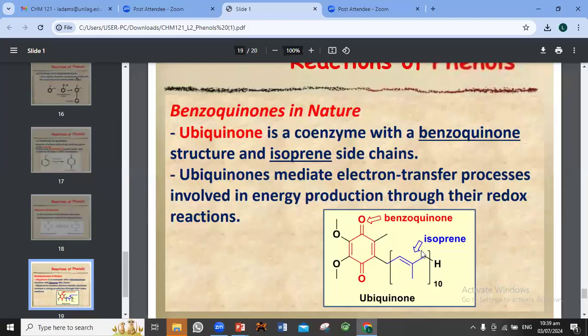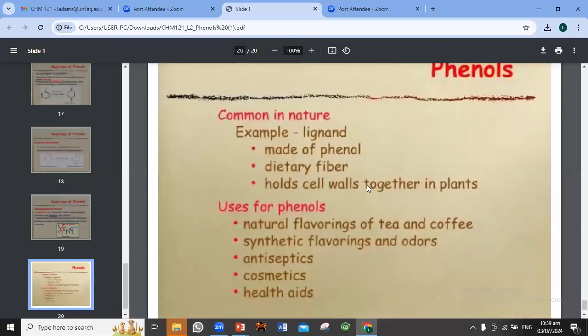This one is, I think, not so important. It's just showing a benzoquinone moiety that has an isoprene attached to it, an example of a benzoquinone. Some other uses of phenol at this point: phenol is used as an antiseptic.